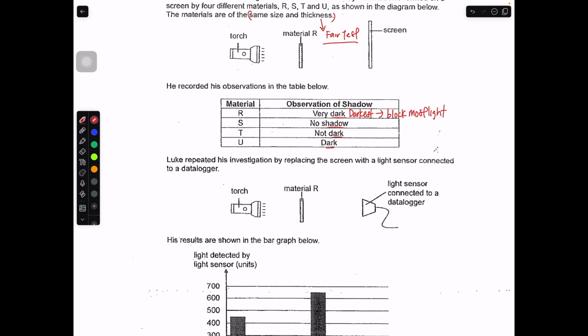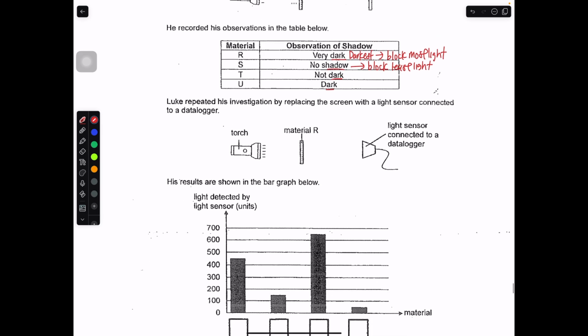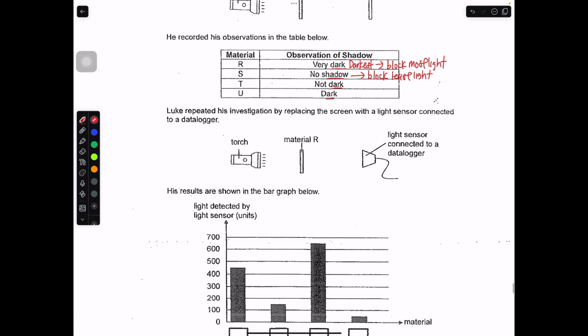The one that is lightest, or blocks the least light, will be this. If I were to assign numbers, this one will be the darkest, followed by this, followed by not dark, followed by this.